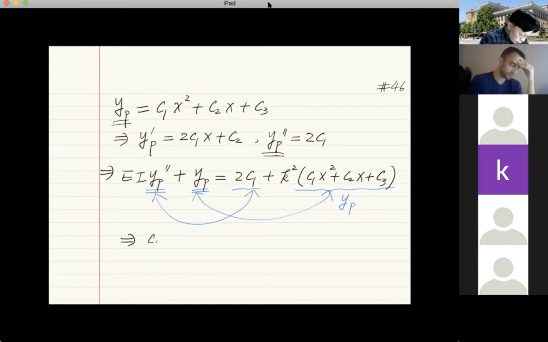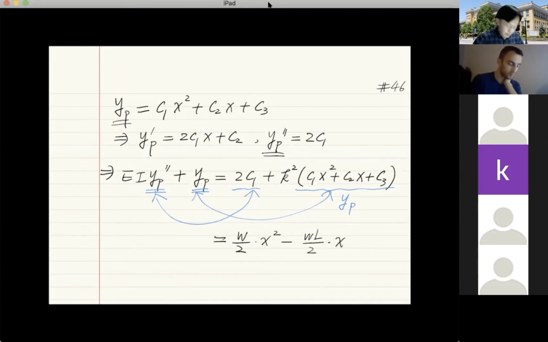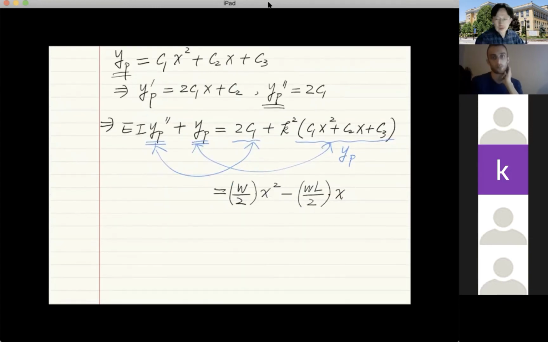We know that C1 times K squared must equal, of course, this whole thing. Let me complete it because we haven't really finished. This expression equals W over 2 times x squared minus WL over 2 times x. You can consider that it can be written this way.